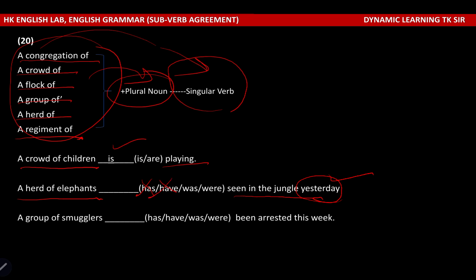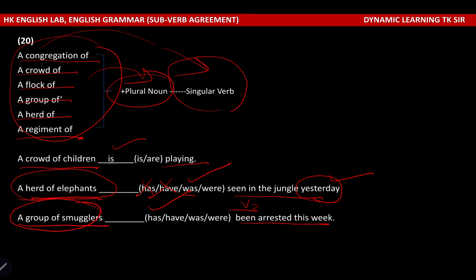Then what will be the right answer? Was seen, because it becomes a singular unit. A group of smugglers, it is also a singular unit, dash been arrested, been means V3. Then what will be the right answer? Has. Has been, that is V3 form, passive form.